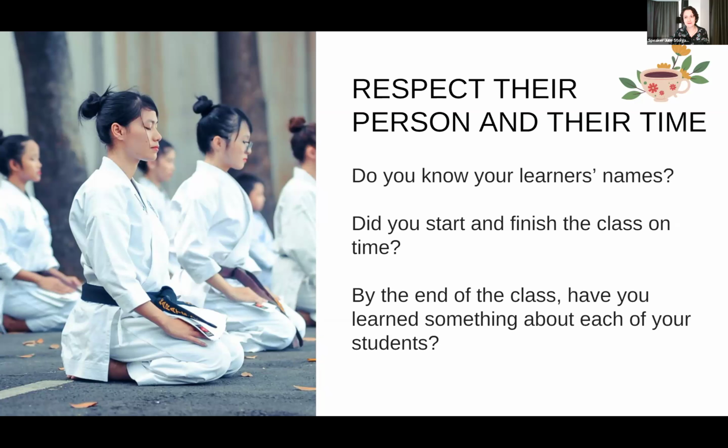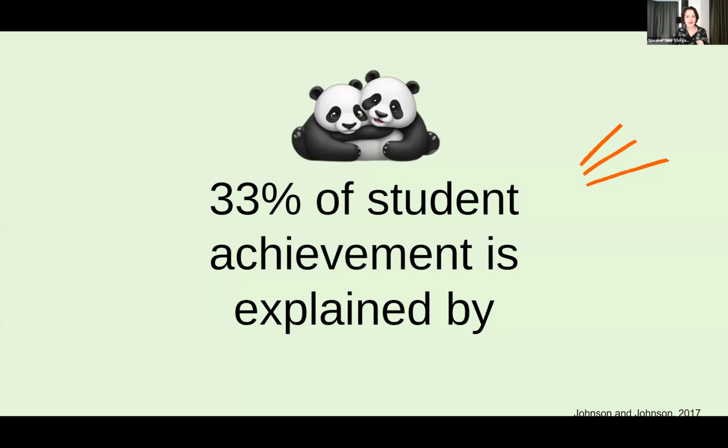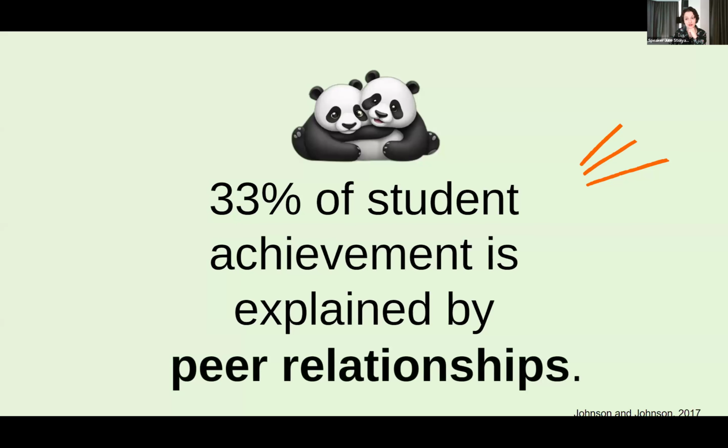In a big study by Johnson & Johnson in 2017, they discovered that 33% of student achievement is explained by, I'll give you a second to think what might go in there. It's explained by peer relationships.